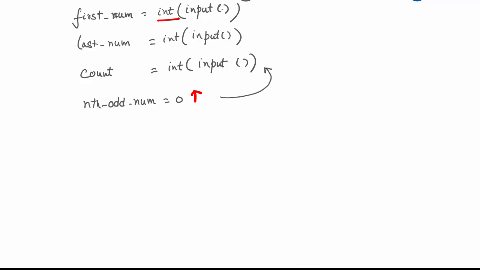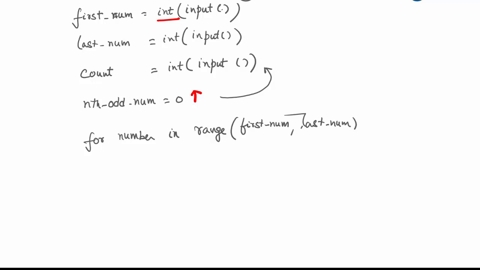Okay, then we start with either a while loop or a for loop. Because remember, the break statement can work either in the for loop or in the while loop. So let's say for number in range of first underscore number, comma, last underscore number.